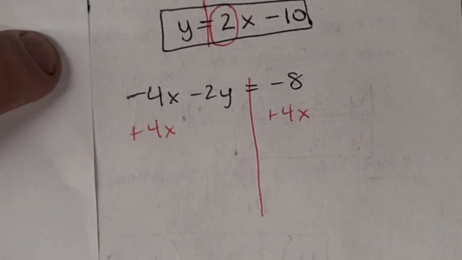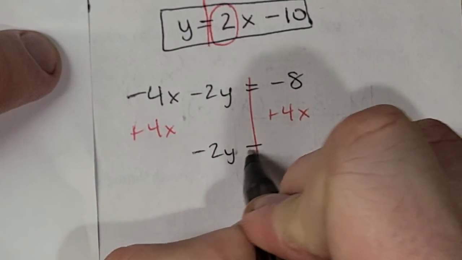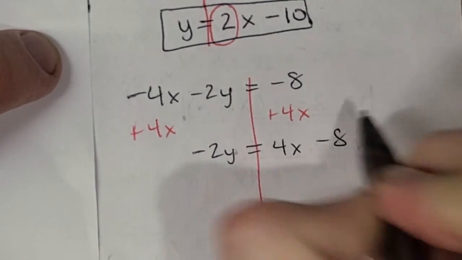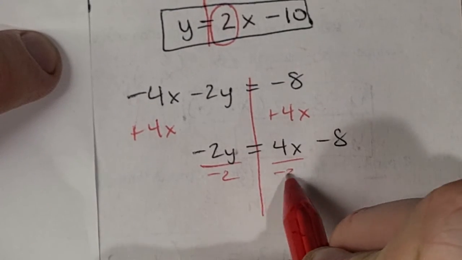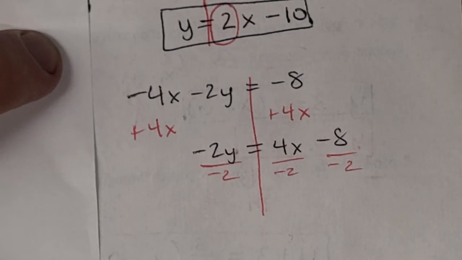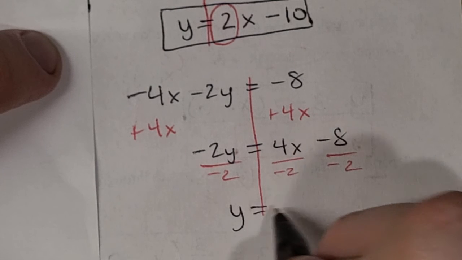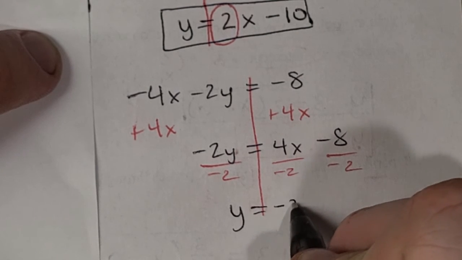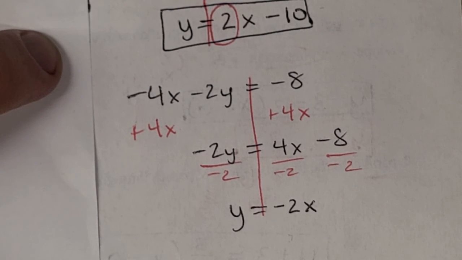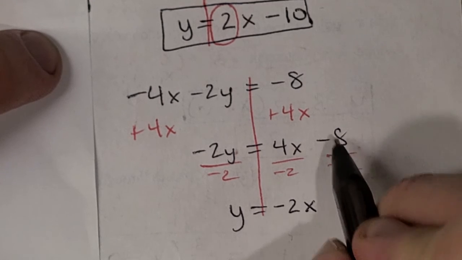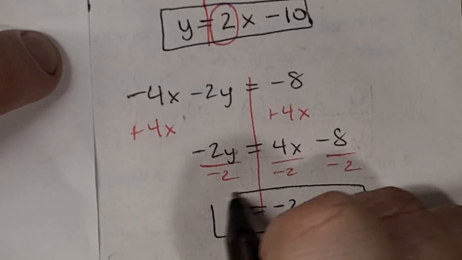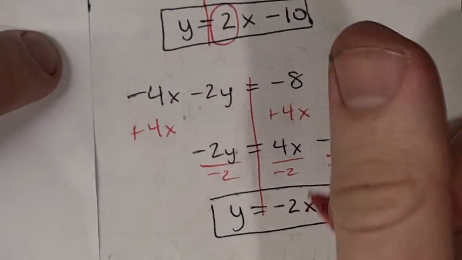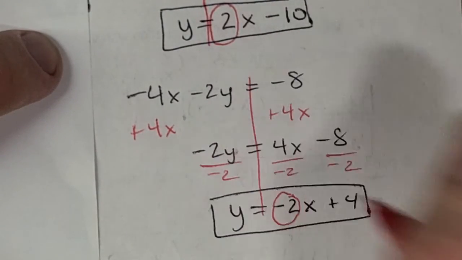A negative 4x I can get rid of by adding. So then I have negative 2y equals 4x minus 8. My last step here is when I divide by negative 2, I get y equals, let's see, 4 divided by negative 2 is a negative 2x. And then negative 8 divided by negative 2 is a positive 4. So y equals negative 2x plus 4.